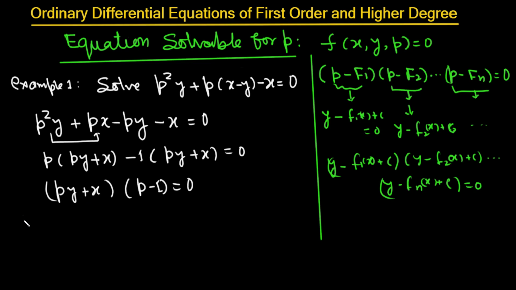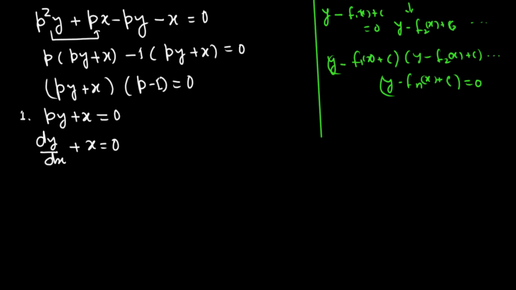Let us take the first factor py plus x equals 0. We already know p stands for dy by dx, so we write it as y dy by dx plus x equals 0. And we can see that this one is a first order and first degree differential equation. Let us solve it.